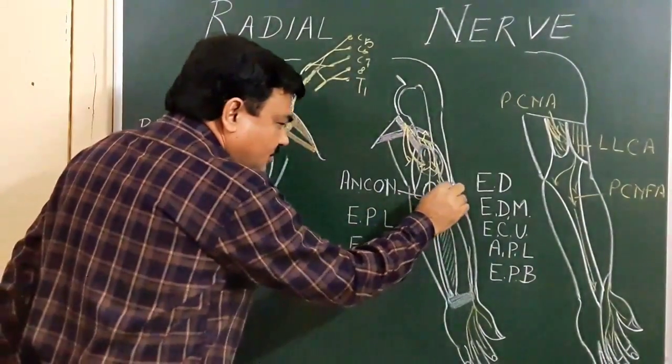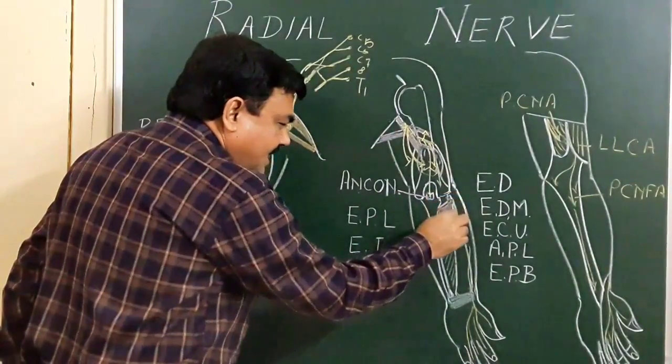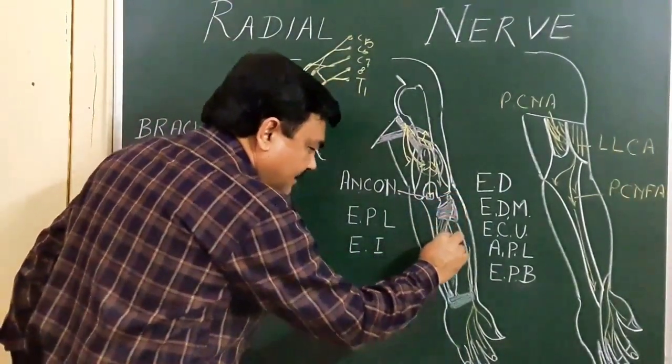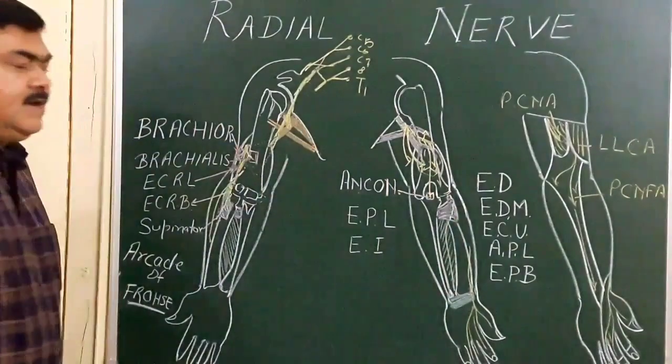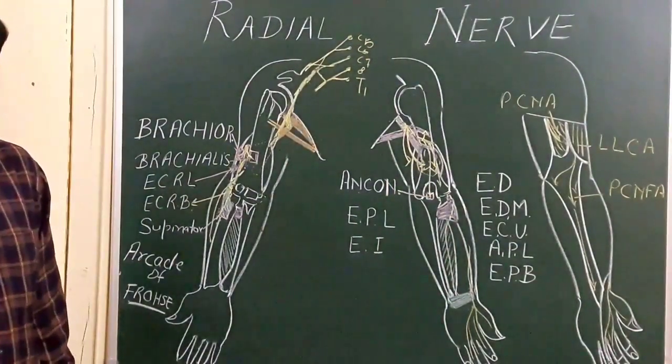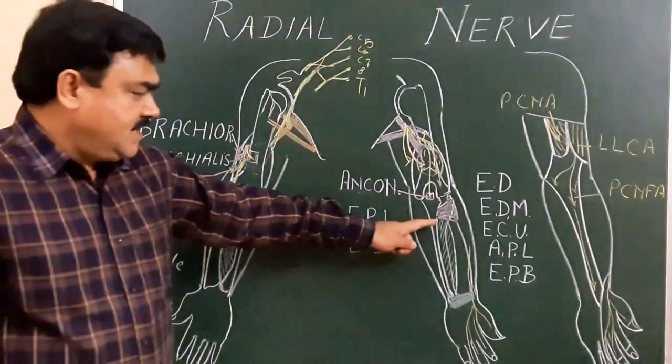After passing through this supinator muscle, it becomes the posterior interosseous nerve. Here is the posterior interosseous nerve.